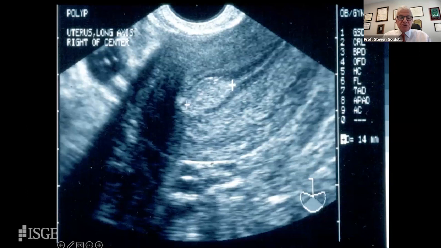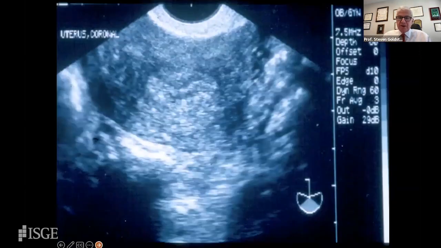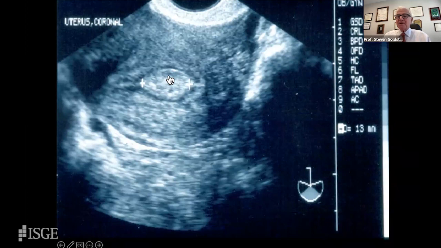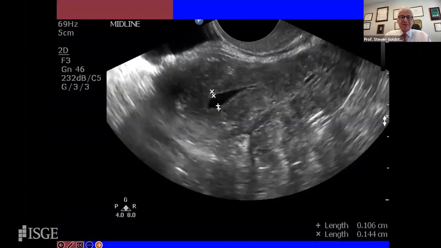And if we turn our transducer into a coronal orientation, in the lower uterine segment, this looks perfectly normal. When we go to the fundus, here's our polyp. So I hope you realize that the long axis view here produced the image of the polyp. The long axis view here looked perfectly normal. You must mentally or with technology recreate three-dimensional anatomy.